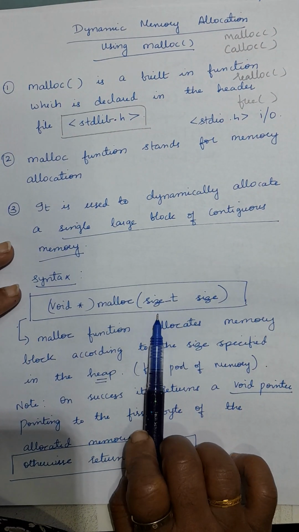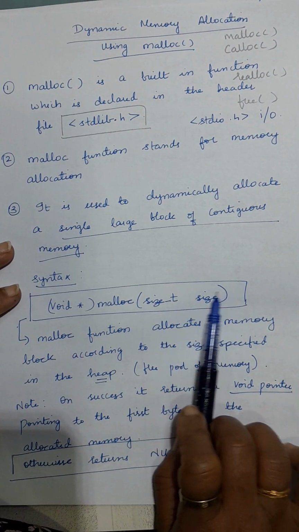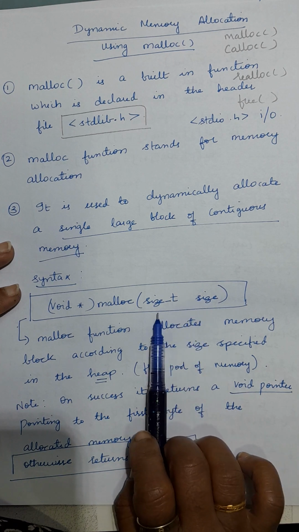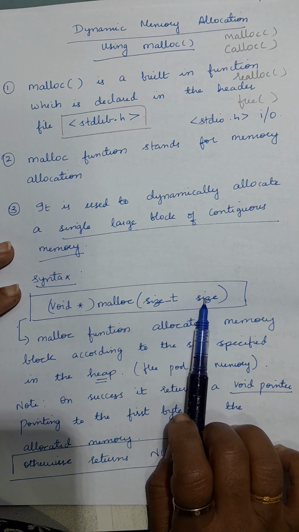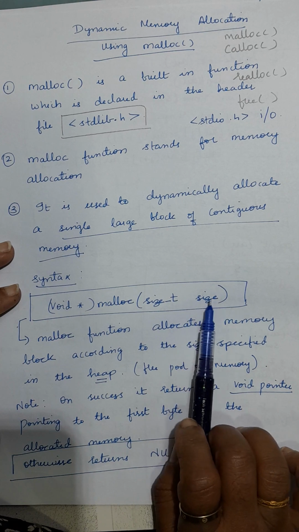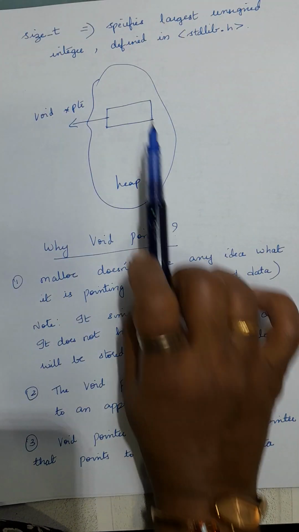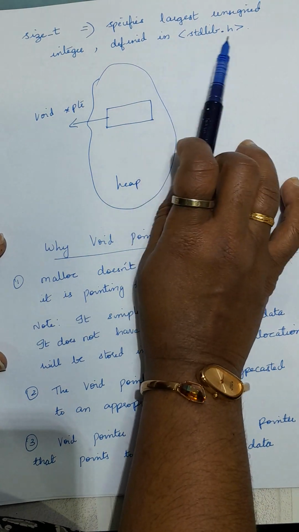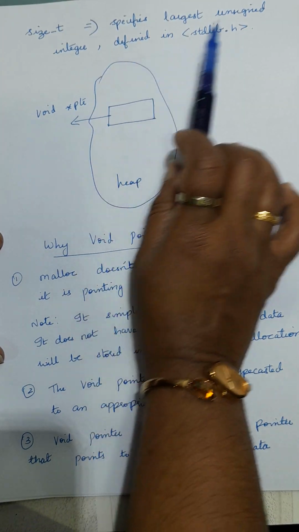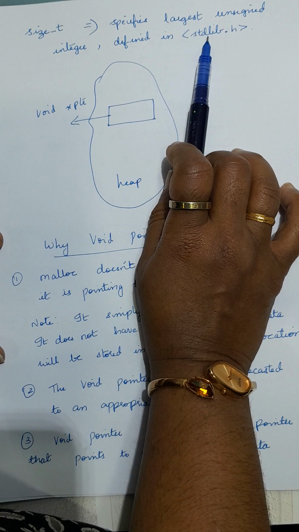The size that we specify should be an unsigned integer, which means the size cannot be a negative value, right? So it should be all positive values. So size_t specifies the largest unsigned integer, and this is also kept in the header file stdlib.h.